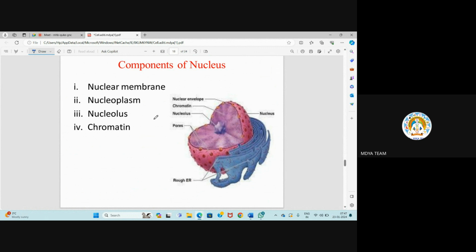What are those? Nuclear membrane, nucleoplasm, nucleolus, and chromatin. Here in this picture, you can see the innermost or the middlemost part of nucleus is nucleolus. Okay.